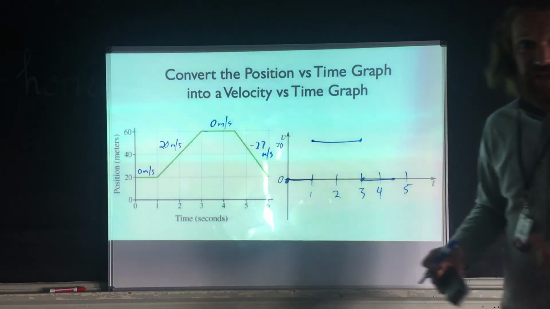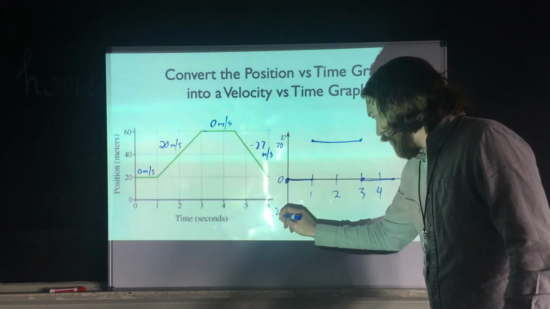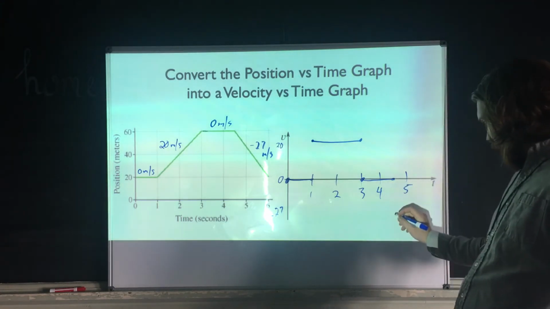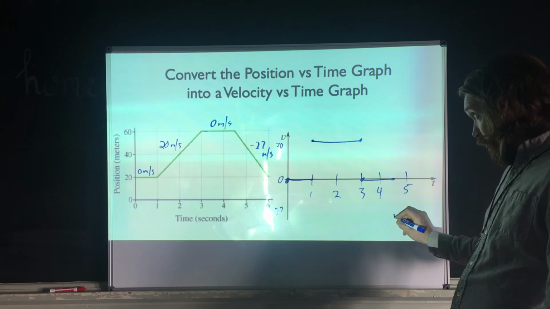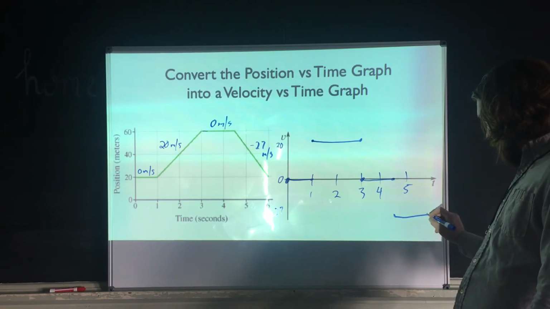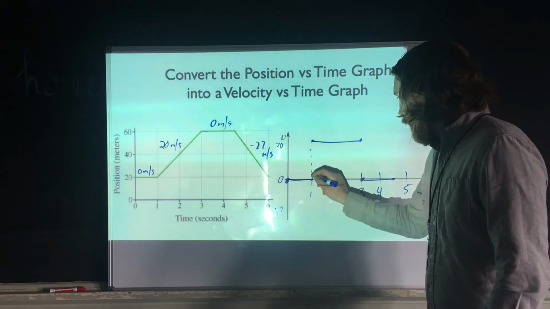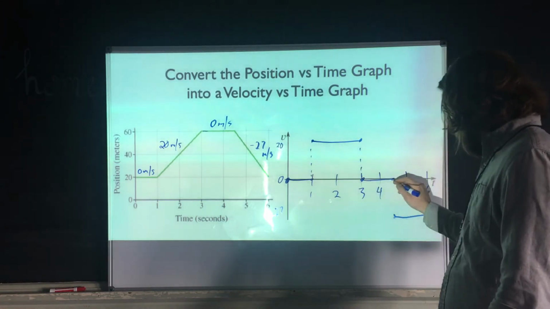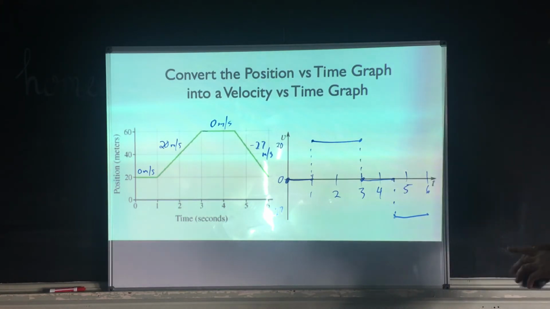But the important thing here is to see that it's negative, which means our velocity is going to be below this line, for 3.5 to 5 seconds. From here to here, we have a negative velocity. Sometimes I like to connect these lines with dots. These two graphs are identical.